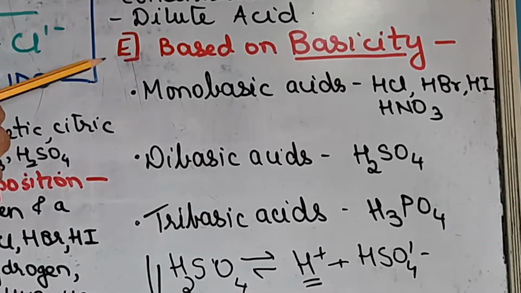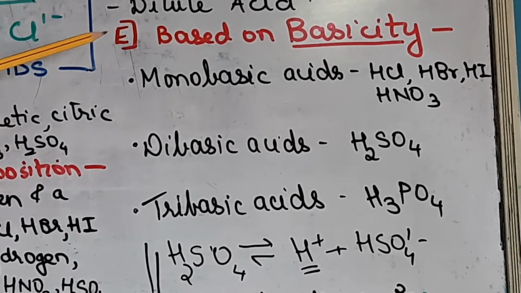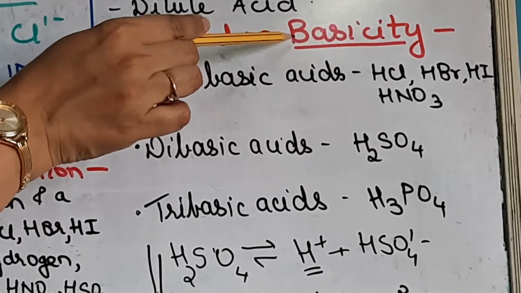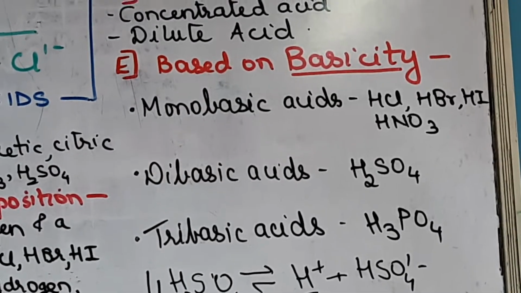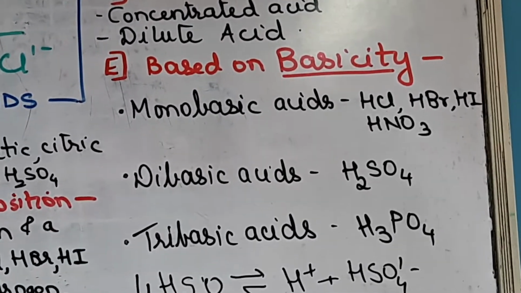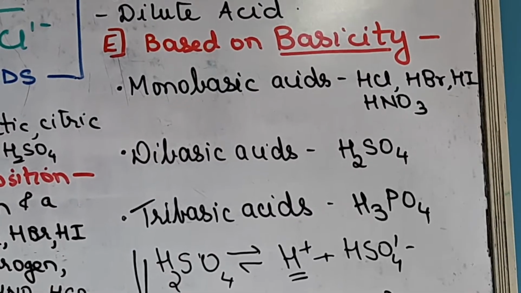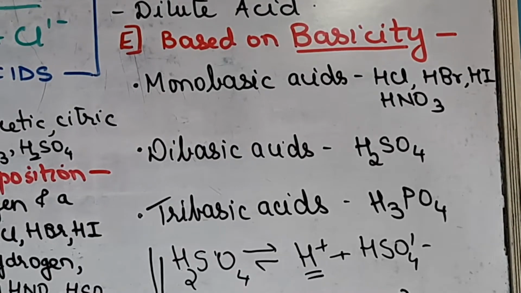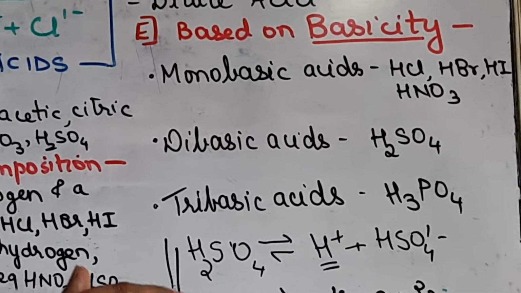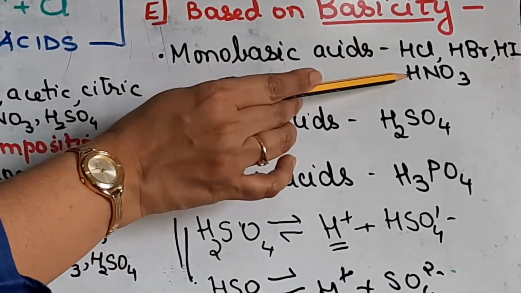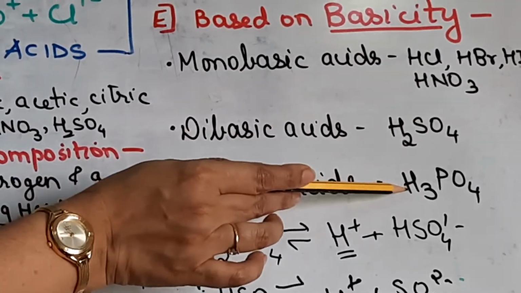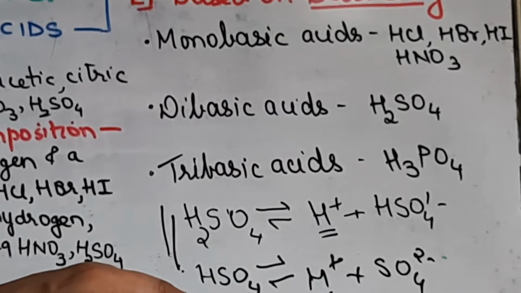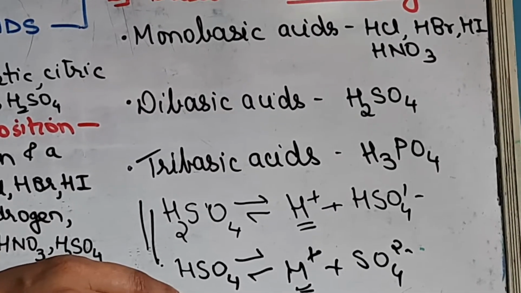Last but not the least, and very important, is the classification based on basicity. This is a new term which I will introduce, the basicity of an acid. Basicity of an acid is the number of hydrogen ions which are produced per molecule of the acid in aqueous solution.